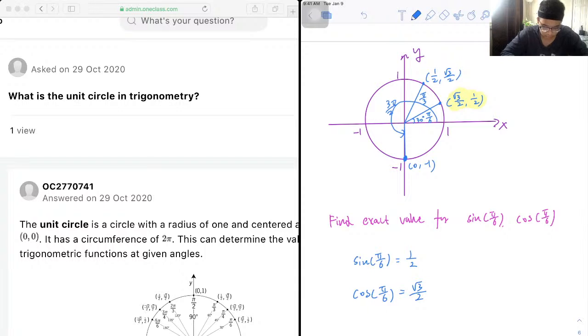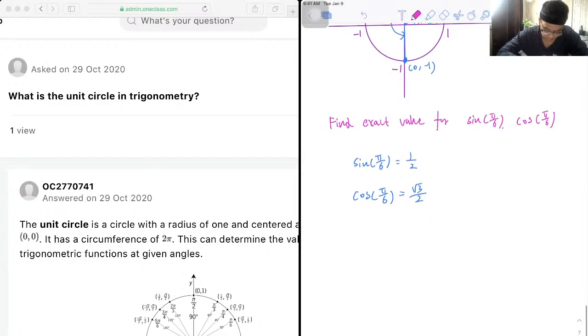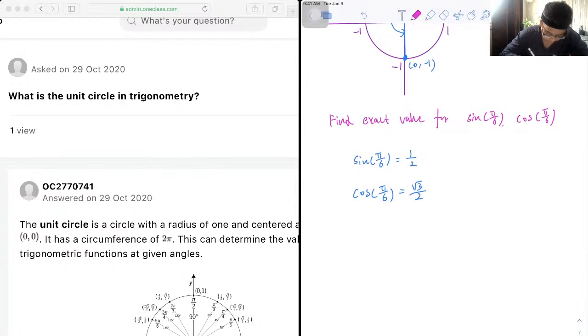So remember the sine function takes the value of the y coordinate, and the cosine function takes the value of the x coordinate of the point on the unit circle with respect to the given angle. I'll just write it on here.